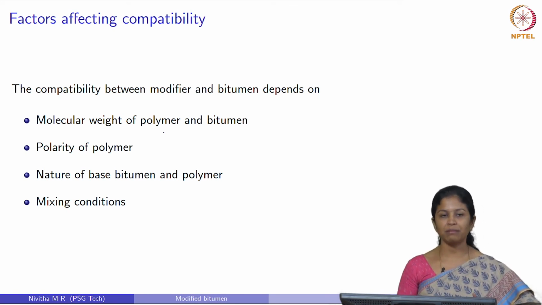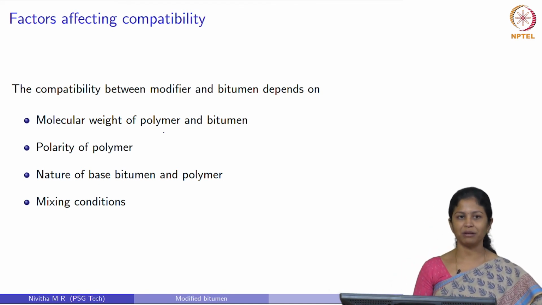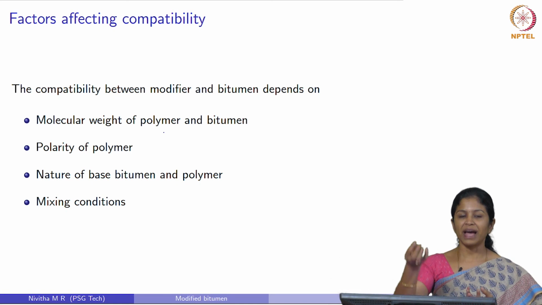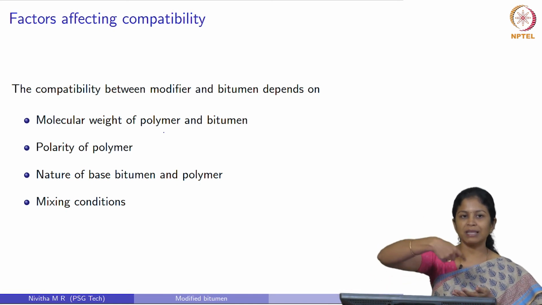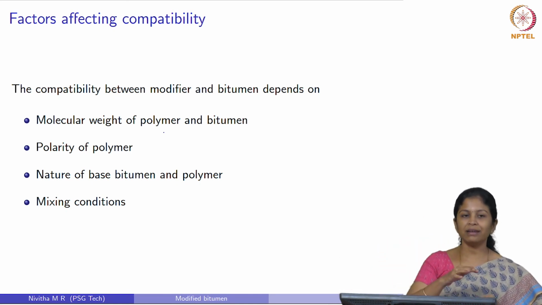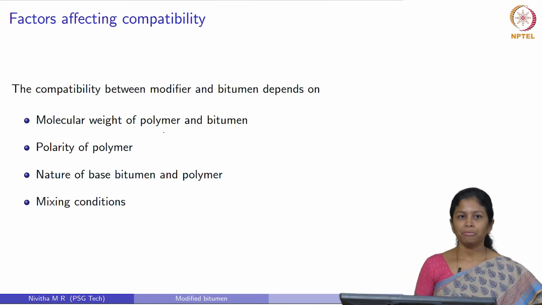And the last parameter is mixing conditions. When we prepare modified bitumen, we have bitumen and we add modifier to it. We mix them at high shear rates, and then for some types of modifiers, we give them some amount of time for the interactions to develop. So, this is the production process in brief.